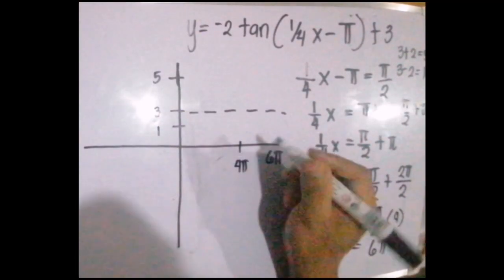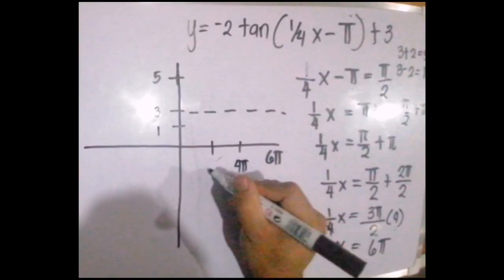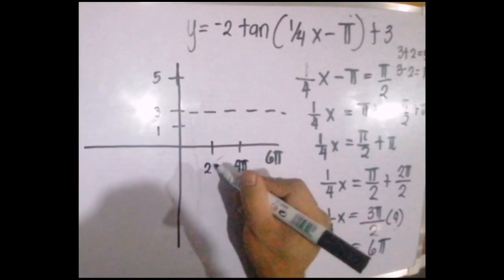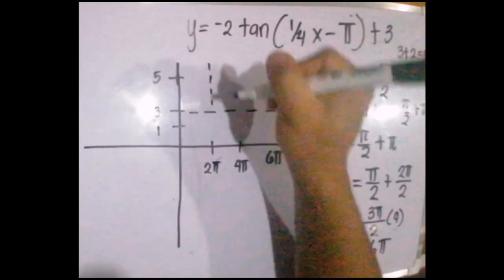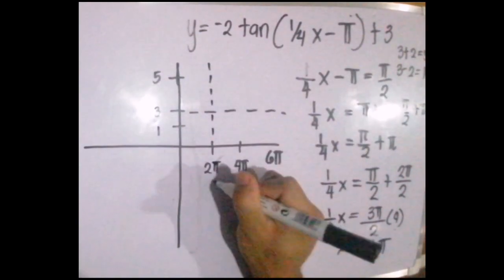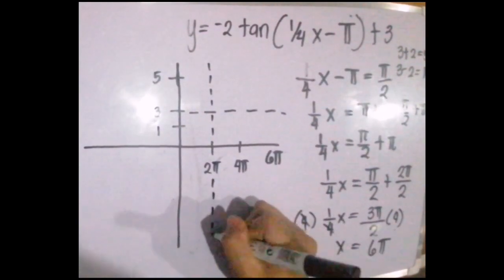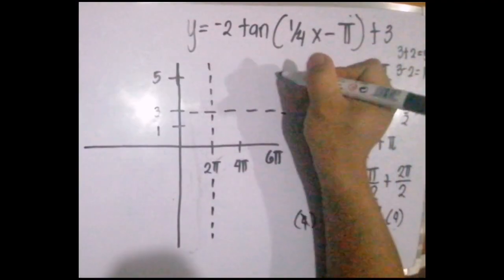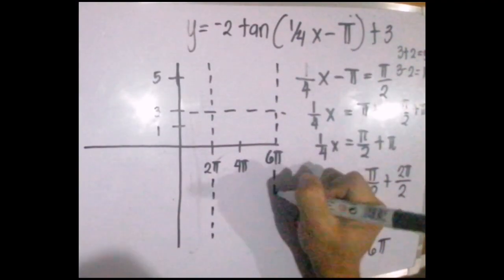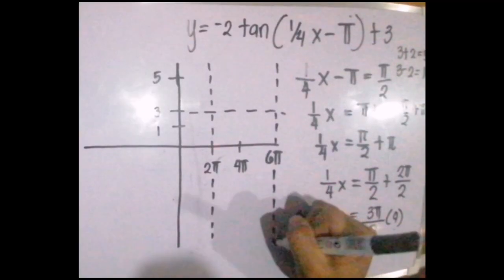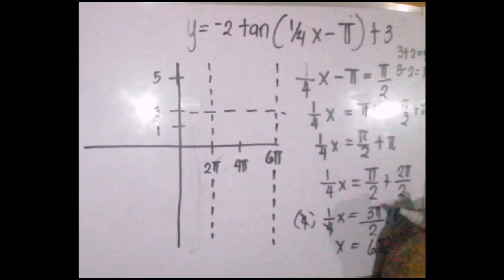So this will come here, 4 pi and 2 pi. So let's plot the points.